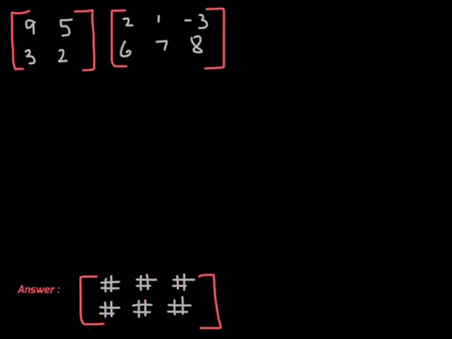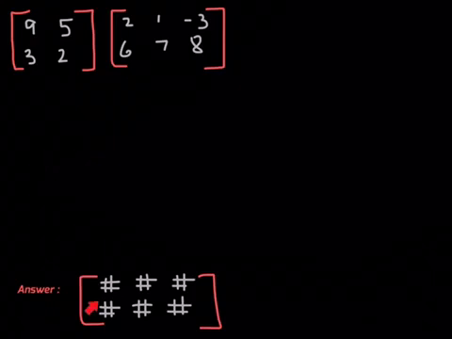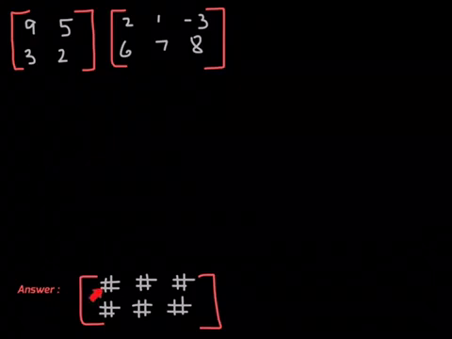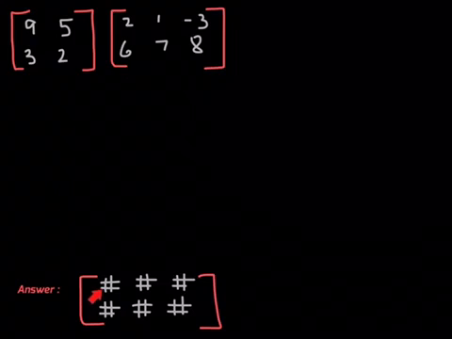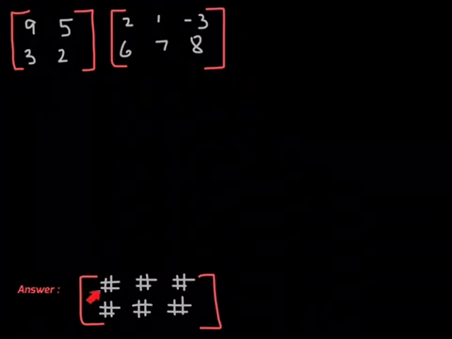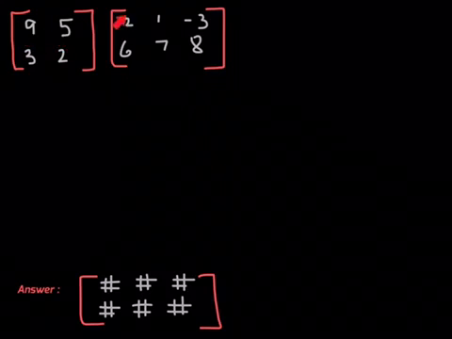Now watch this, and this is very important. The way I'm going to get this entry in the first row, first column, now listen to my vocabulary, the first row, first column entry will be found by multiplying the first row by the first column.